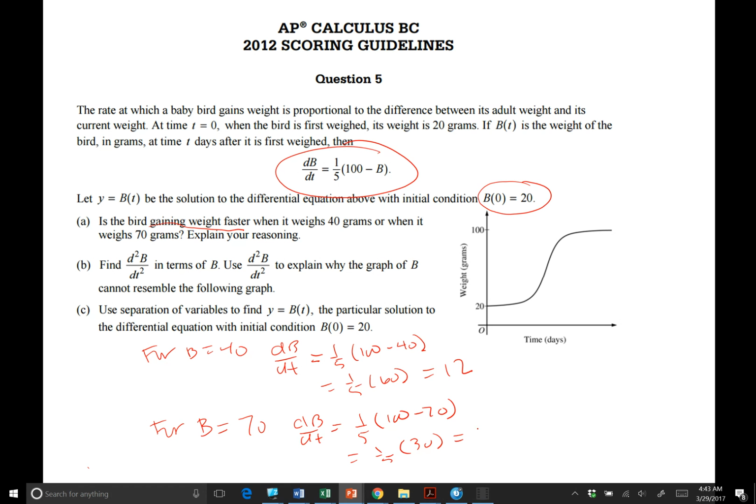So that equals 6. So it's asking about when the bird is gaining weight faster, it's when it equals 40 grams.